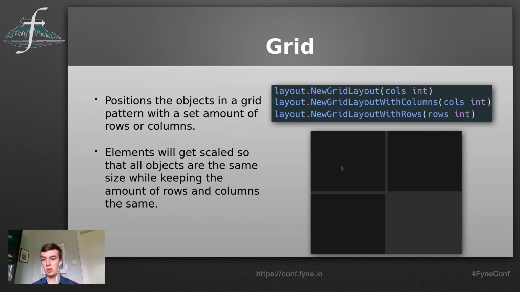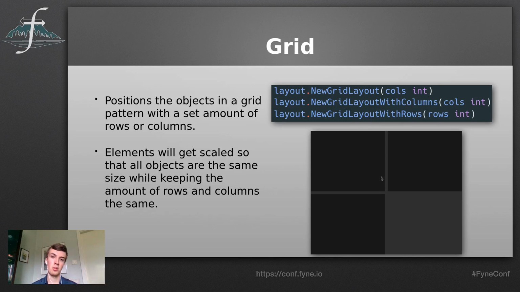And all these elements will get scaled so that all objects are the same size while keeping the amount of rows and columns the same. This basically means that this object is going to be the same size as this object, and when you're resizing, it's not going to add more rows and not more columns.